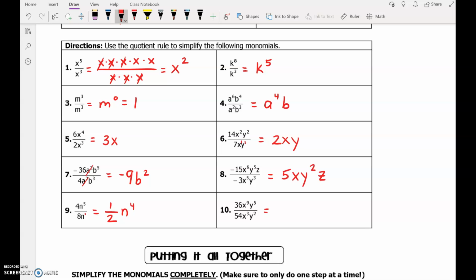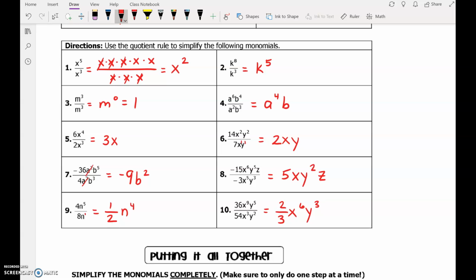And then you would subtract the exponents. So you will have 9 minus 3, which is 6, and 5 minus 2, which is 3. So when you write your final answer here, you should have 2/3 x to the 6th, y to the 3rd.